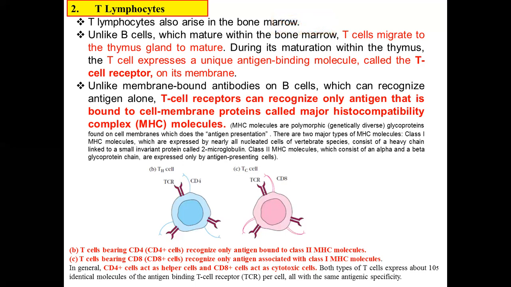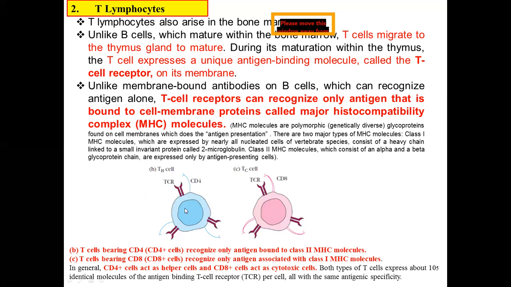These antigenic peptide molecules are loaded onto a class 1 MHC molecule or class 2 MHC molecule, which is nothing but a cell membrane protein. And then this loaded antigen-MHC complex is recognized by the T cell receptor of the T cell.